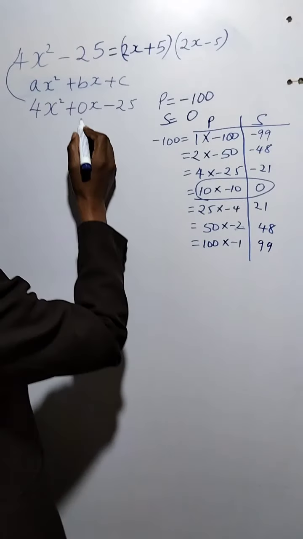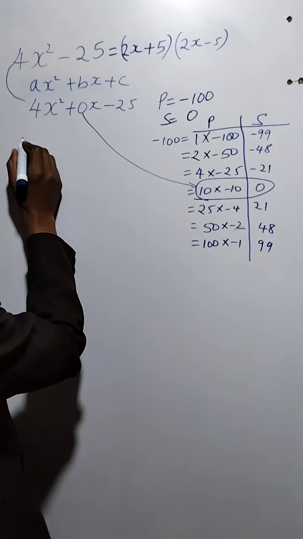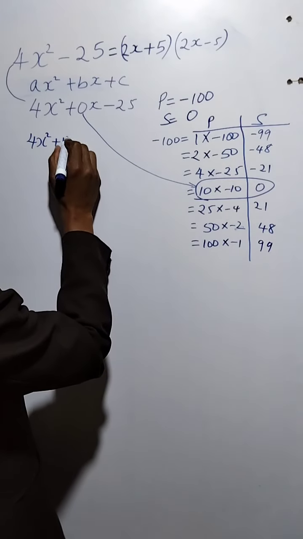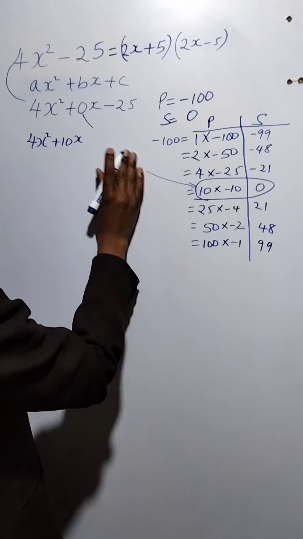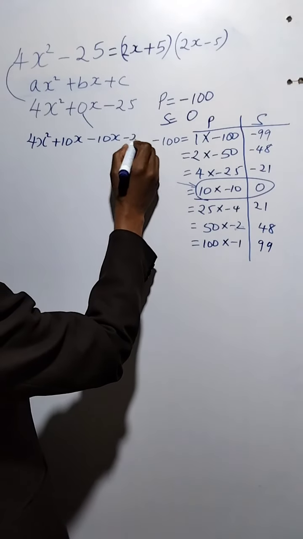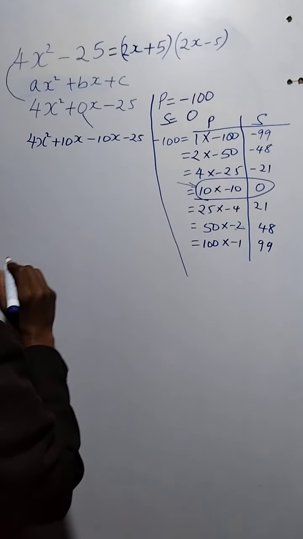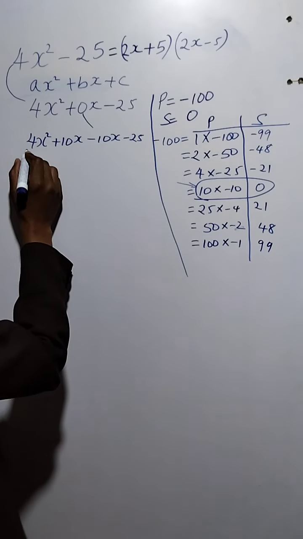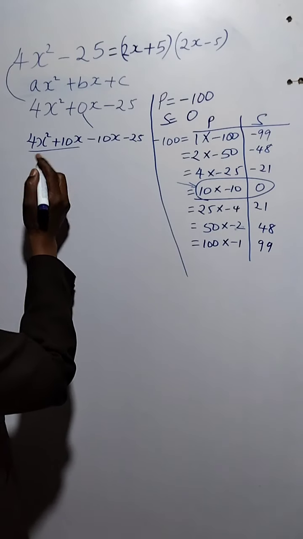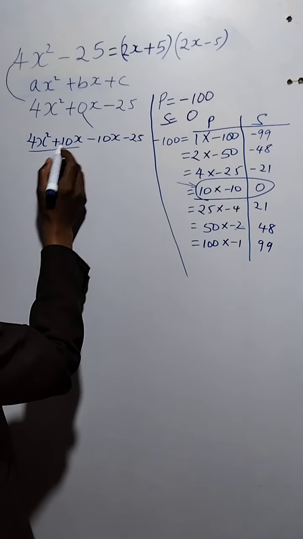Now, that means we shall write this one in terms of these two as 4x squared plus 10x minus 10x minus 25. Then the next thing is to pair these terms and factorize. Now we are looking for the common factor here. In terms of a number, 2 can factor this and this.